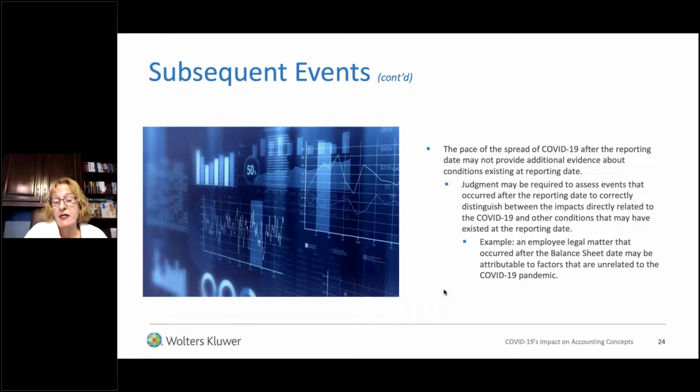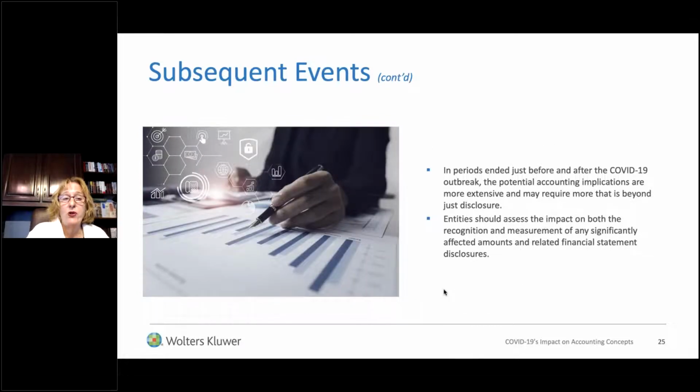So here you have an example. You might have an employee legal matter that occurred after the balance sheet date that may be attributable to factors that are unrelated to the COVID-19 pandemic. So again, you have to consider, is that type 1 or type 2?